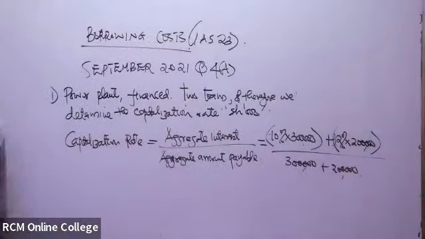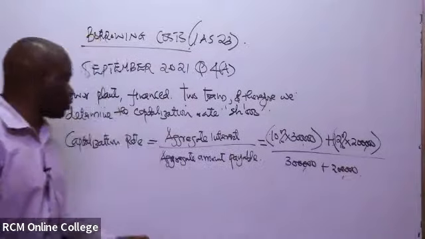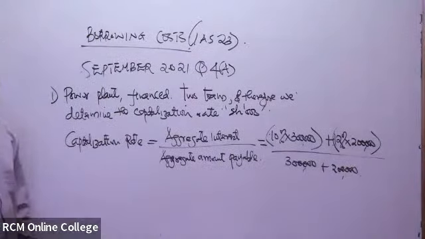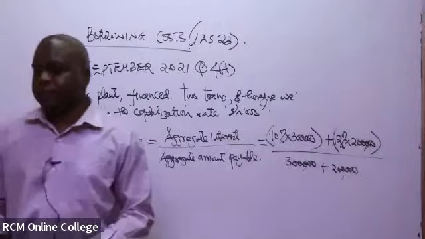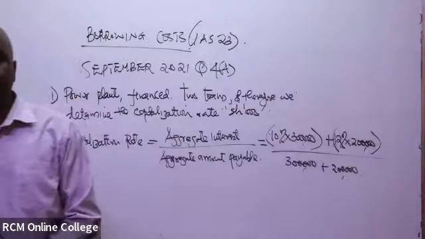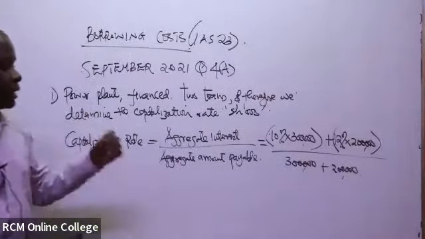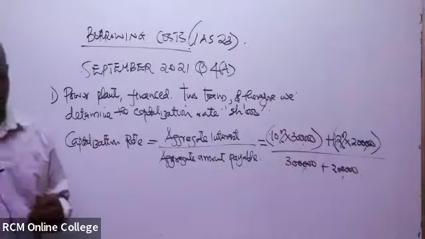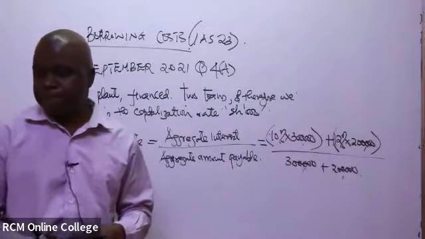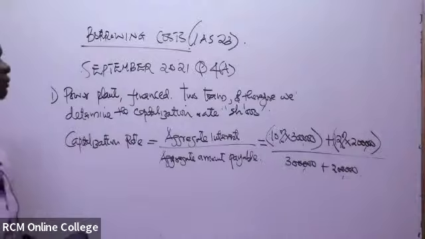So what are you getting there as the capitalization rate? If you do the mathematics, what are you getting as the capitalization rate? Eden, Betty, Brenda, what are you getting as the capitalization rate?